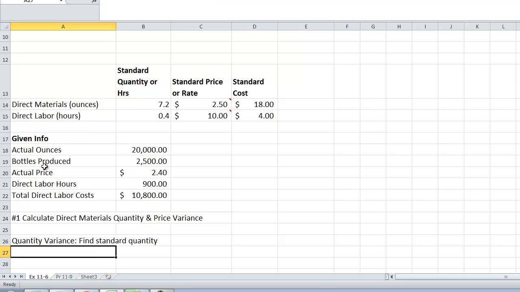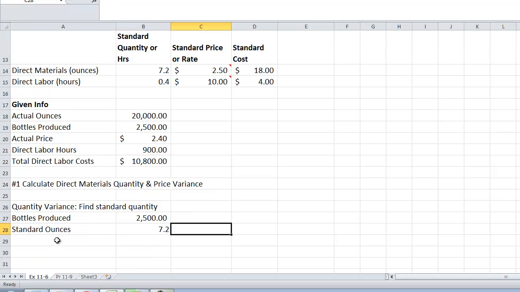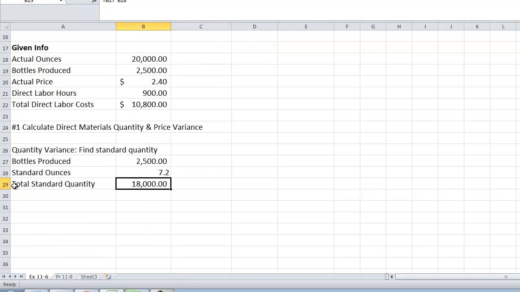In order to find the standard quantity for the number of bottles we produce, we take the bottles produced, which was given in the problem, and then we take the standard ounces, which was given in the problem, which is 7.2, and we multiply. So, for 2,500 bottles, we would use 7.2 ounces per bottle, or 18,000 ounces.